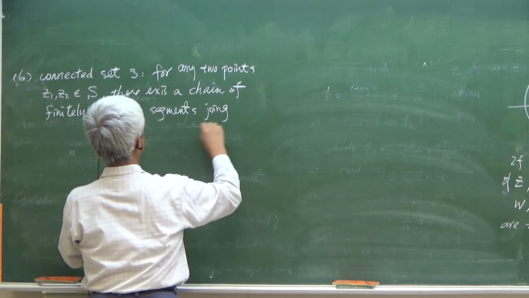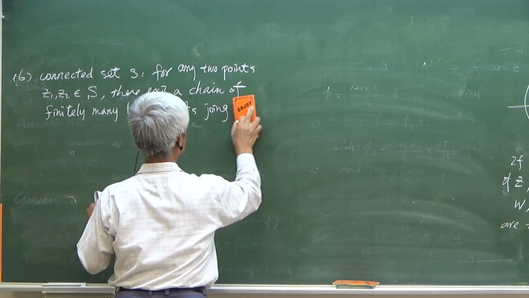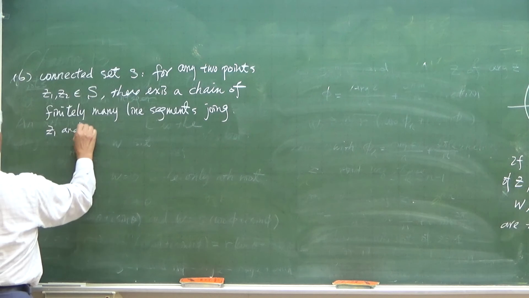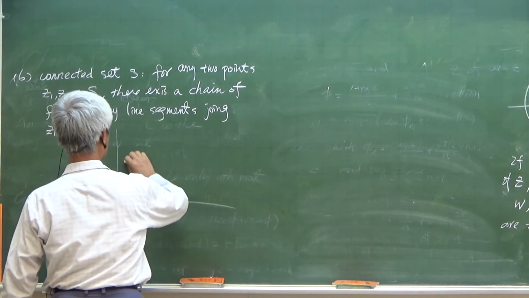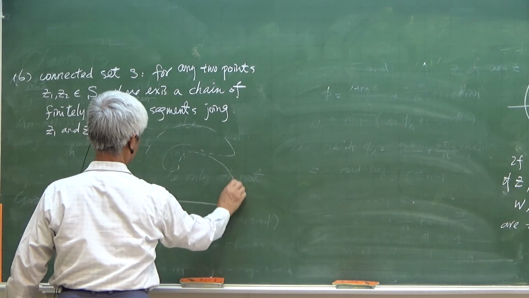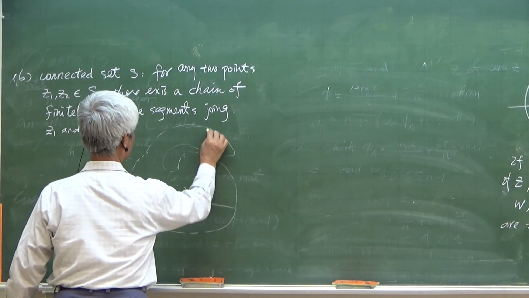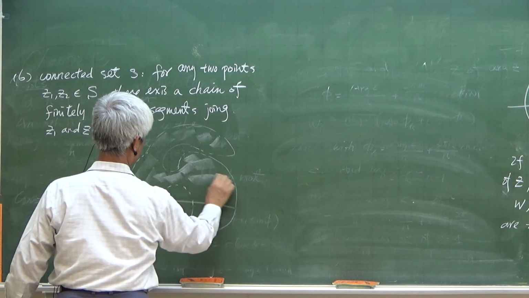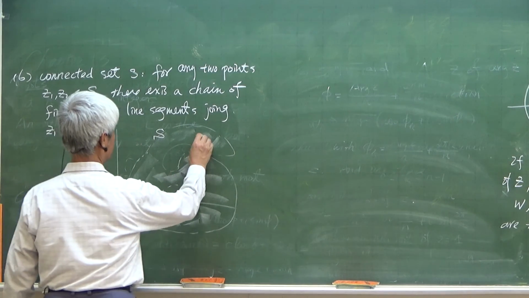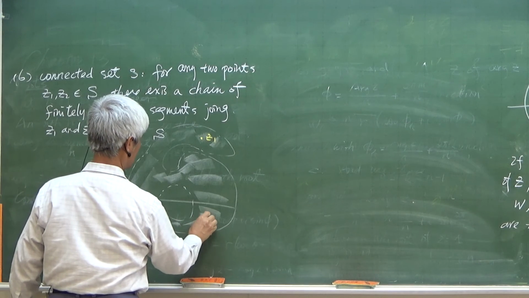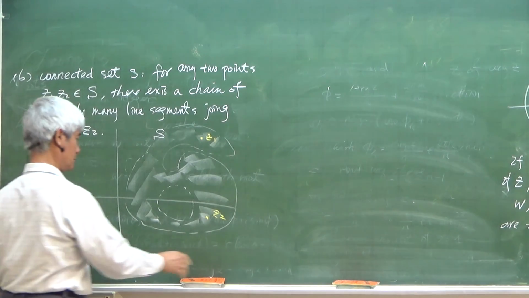So in the complex plane, this is S. When we say that S is connected, if we find z1 and z2, we can find a chain of finitely many line segments to join them.